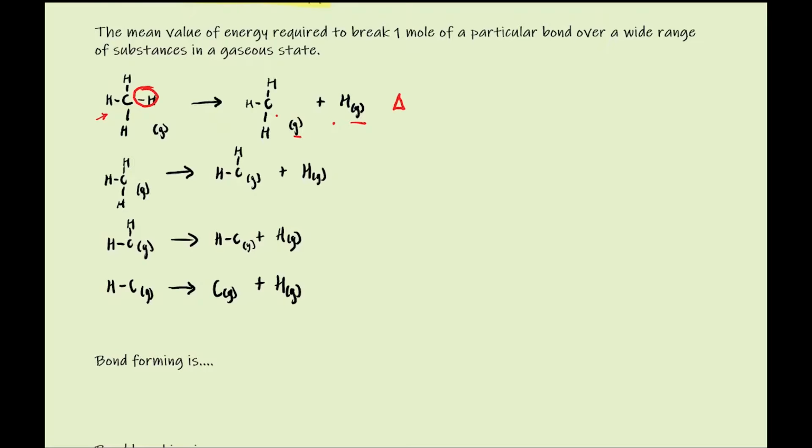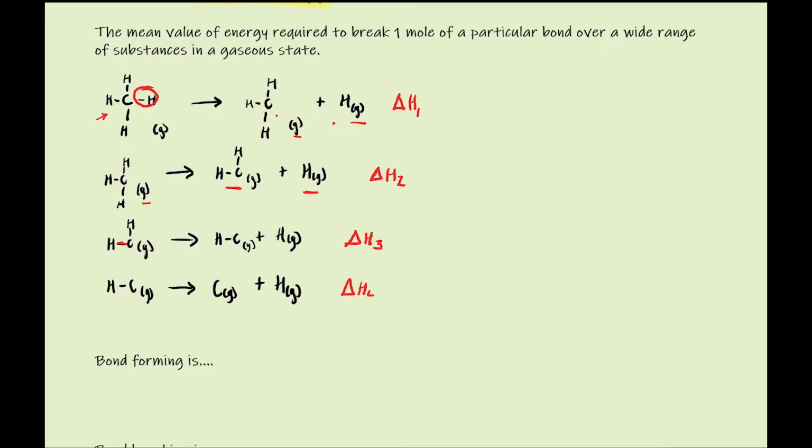Let's just call that delta H1. The next one, so these are successive, so if we successively break each carbon-hydrogen bond, so we will try and break the second carbon-hydrogen bond here to form this molecule here, and another hydrogen atom, will not be the same as delta H1, it will be a new enthalpy. And we can keep removing those carbon-hydrogen bonds as we go down in successive stages, and that will change each time.